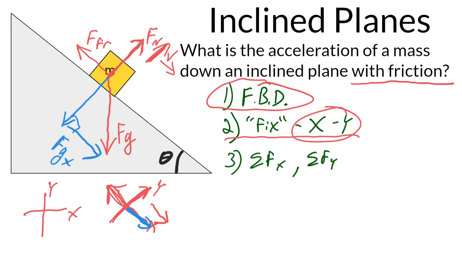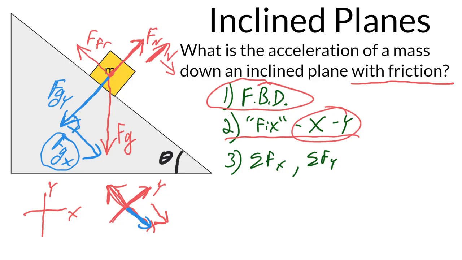You can think of this as the force of gravity causing the object to move down the ramp. This is the amount of gravity pulling the object down the ramp. And then we have this component over here, which we'll call the force of gravity in the Y direction. This is actually the component that holds the mass on the ramp, keeps it from flying off the ramp.